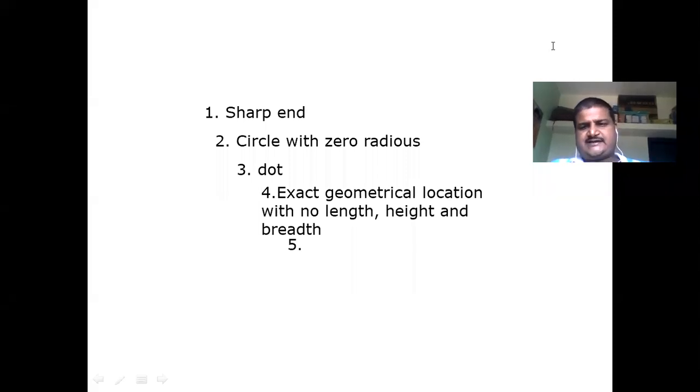So when we are discussing the point and trying to understand that particular concept, we have received these 4 answers. Actually, if you concentrate on every answer, you will come to know that it is a little bit near to the definition of point, because a point also has a sharp end.